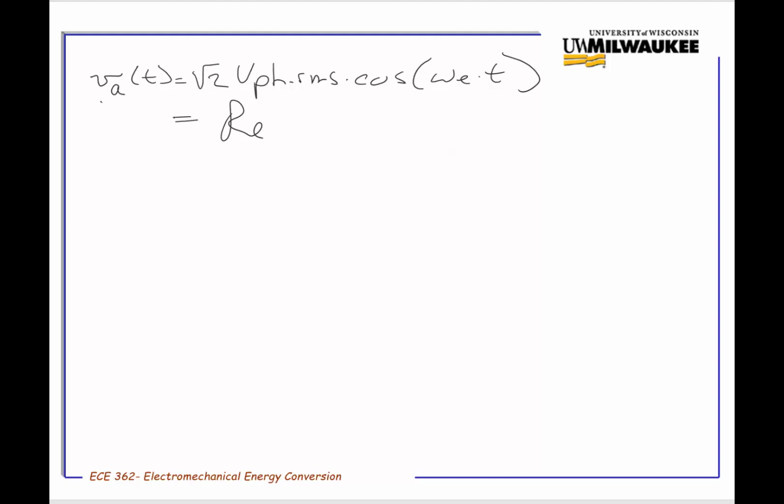We can look at the phasor mathematically as this function: square root of 2 times a phasor, which I'm going to identify in this way as a phasor of VA, e to the j omega E t.